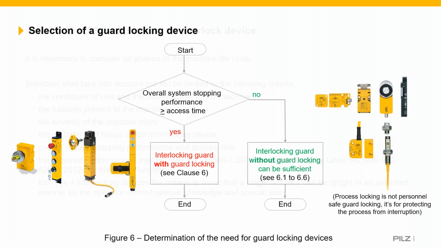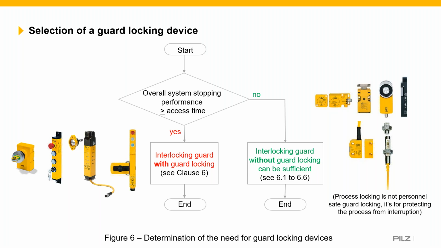I mentioned the fact that we may need to include guard locking, and this is around the overall stopping time or access for the machine. We need to look at things like whether we can open a guard and reach a moving part or a dangerous area that hasn't come to a standstill, for example.